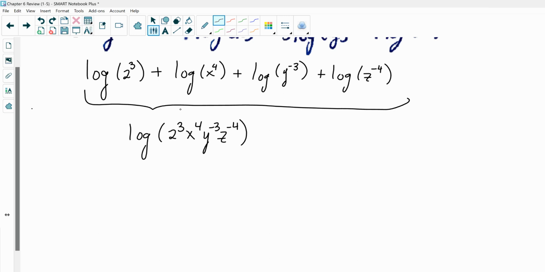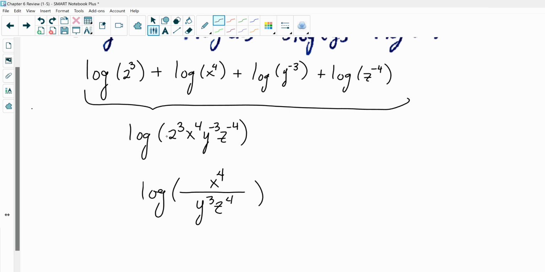Now here, there are a few things we need to fix. The y and z both have negative exponents. So to make them positive, we move both of them from the top of the fraction to the bottom. X to the 4th is going to stay there.